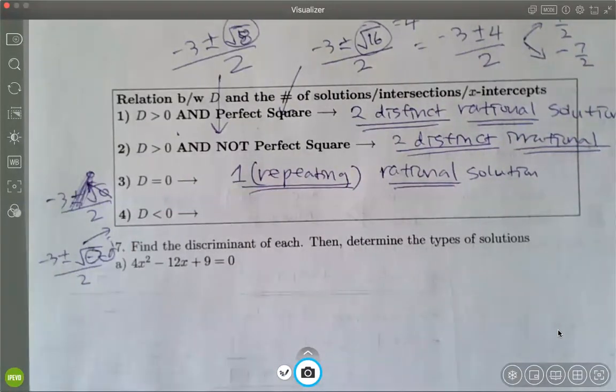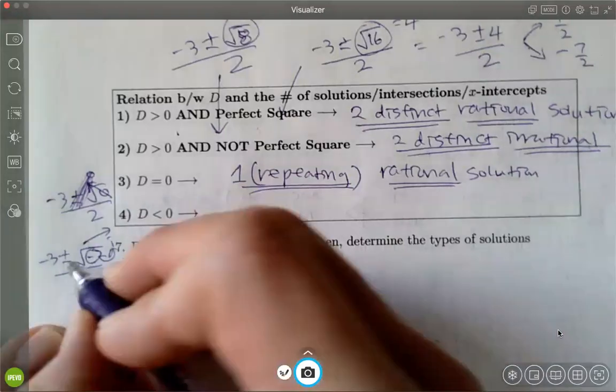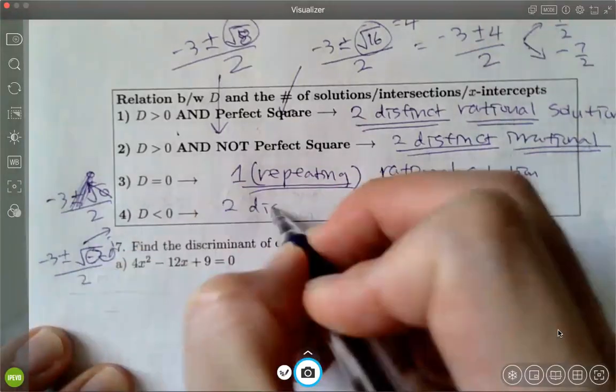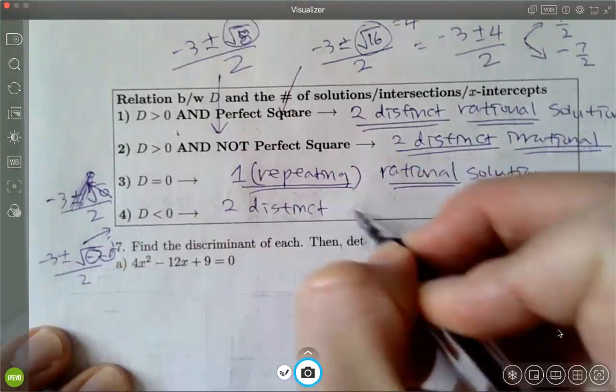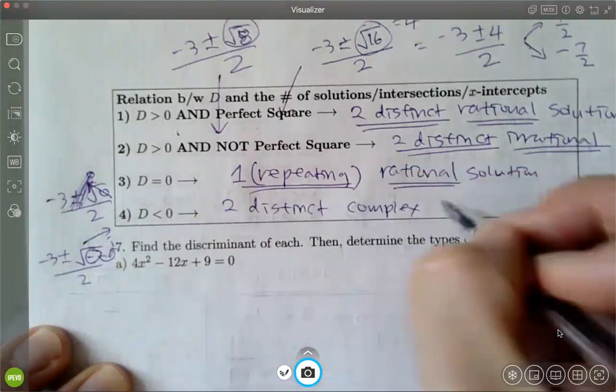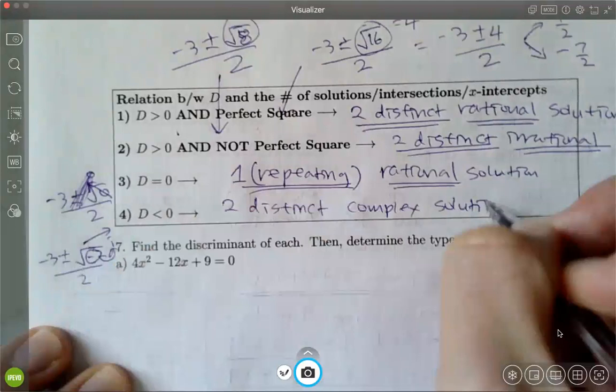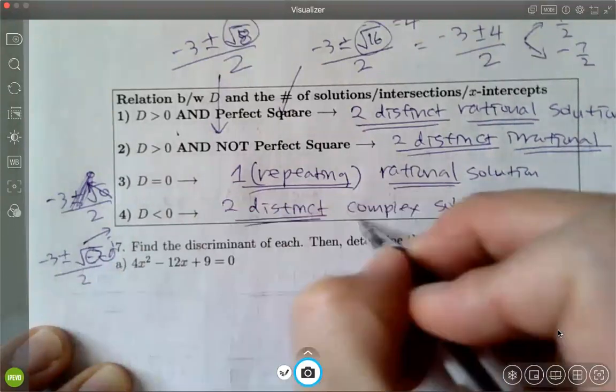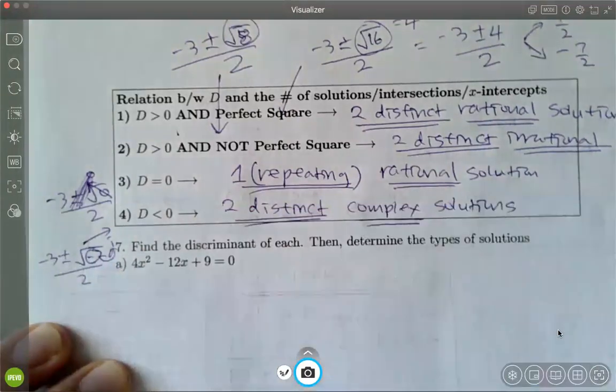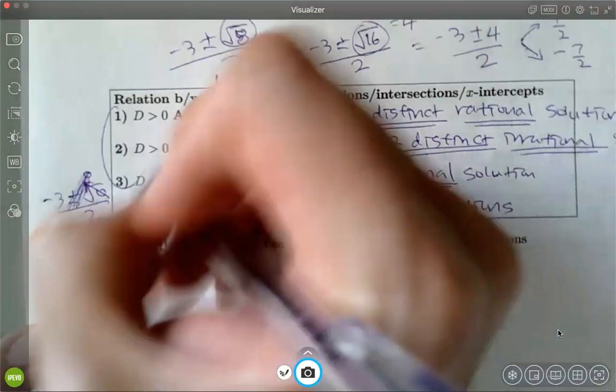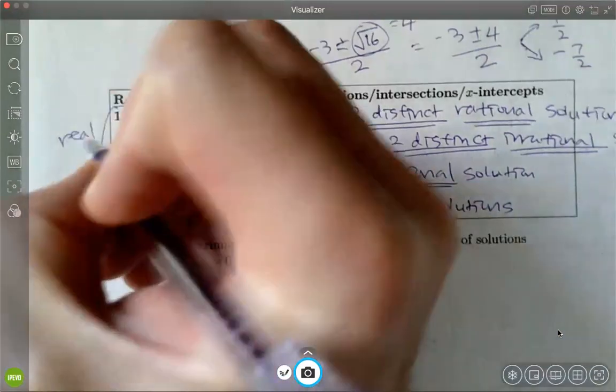So what kind of numbers do you get? This time there's no real number, but instead there is a complex number. But because of plus minus, there are two numbers, so there are two distinct complex solutions. So in short, cases 1, 2, and 3 produce real numbers.